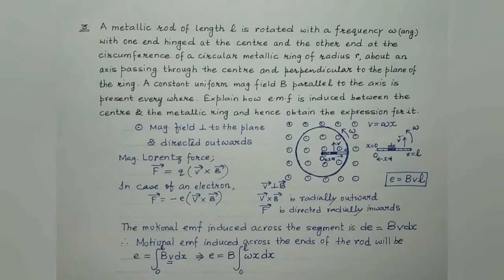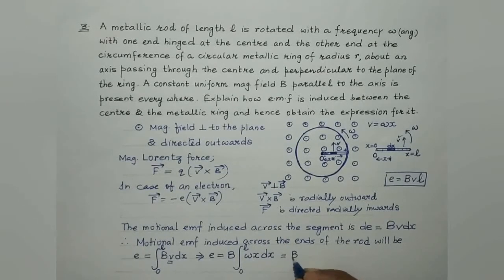Omega is the constant angular frequency, so it can be taken outside. So it will be the integration of x dx, with limits from 0 to L. The integration of x with respect to x is x square by 2.